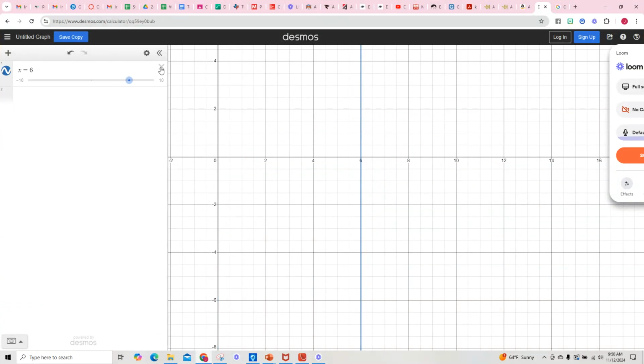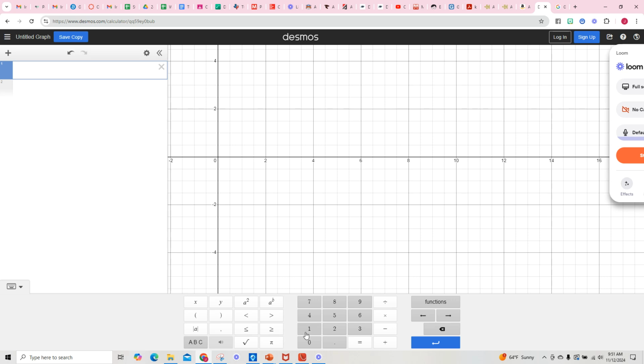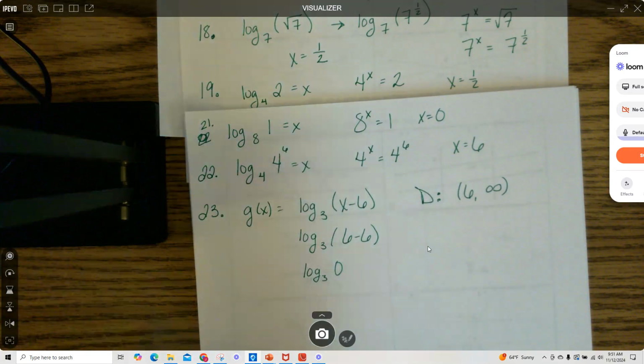Okay, on Desmos, hit the keyboard. Go to functions. Go down to calculus. And the log A, not just the log. Oh, log A. Okay, all right. Log is base 10. That's kind of the parent function standard form. I can't even think of the name of it now. Anyways, log A will give you where you can put the little subscript in there.